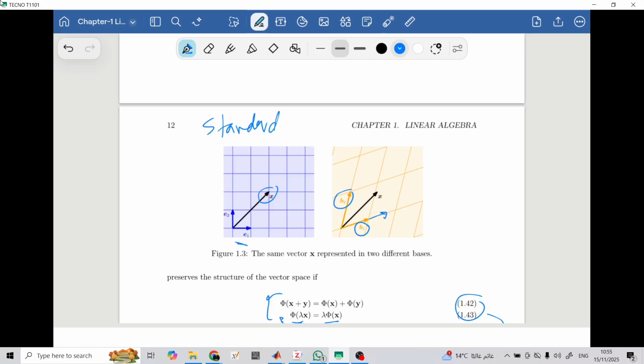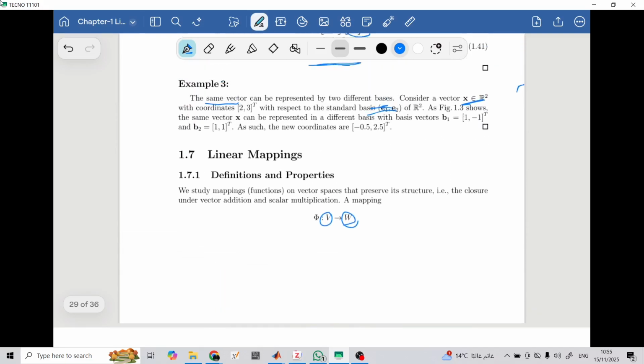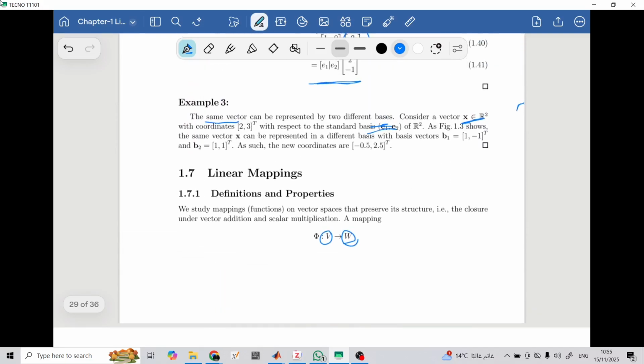We have the basis vectors E1 and E2, and we can have a different basis set B1 and B2 with the same vector, and you expect to have different coordinates. For the first case it was 2 and 3. When we're using vectors B1, which is (1, -1), and B2, which is (1, 1), we have a different set of coordinates, minus 0.5 and plus 2.5.